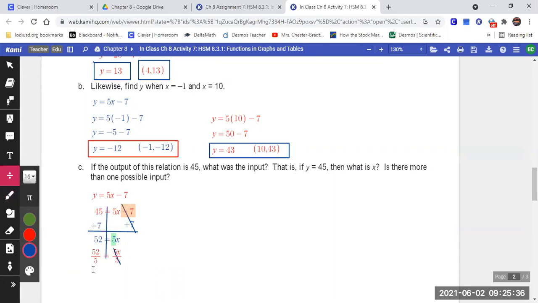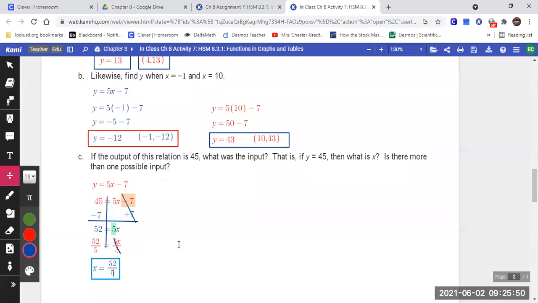So x equals 52 over 5. Stop wasting your time and making decimals you don't need. You don't need mixed numbers. You don't need decimals. You don't need any of it. Okay. So we found the x that would make the y equal 45.